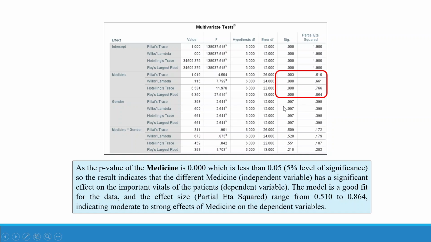So the result indicates that the different medicine has a significant effect on the important vitals of the patients. The model is a good fit for the data, and the effect size, the partial eta squared, this one, ranges from 0.510 to 0.864, indicating moderate to strong effects of medicine on the dependent variables.